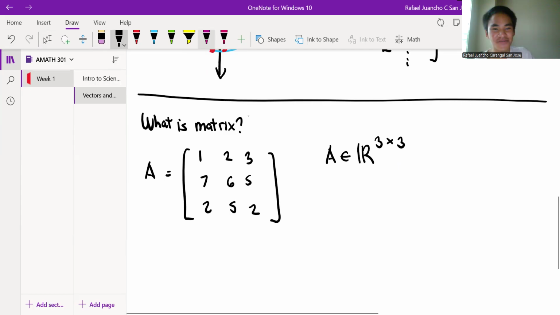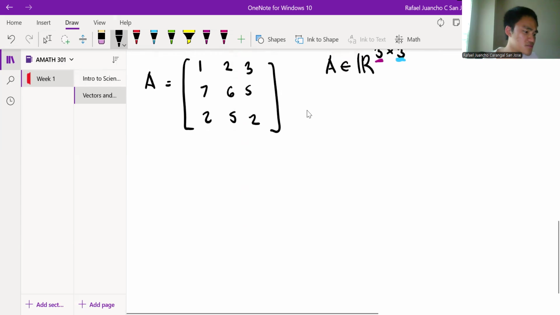Okay, so this 3 is describing the number of rows. This 3 is describing the number of columns. So we have 3 columns, we have 3 rows. So this is always going to be rows by columns. Okay.